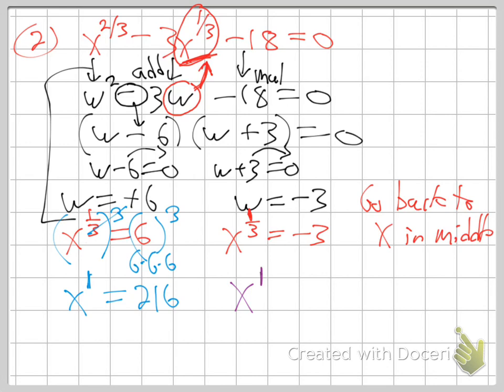How do I get X to the 1? 3rd power, right? Cancels. X to the 1. Over here, it's negative 3 times negative 3 times negative 3, negative 27. There we go.